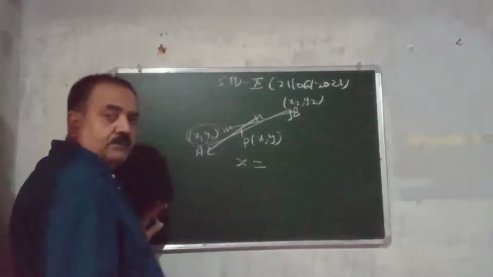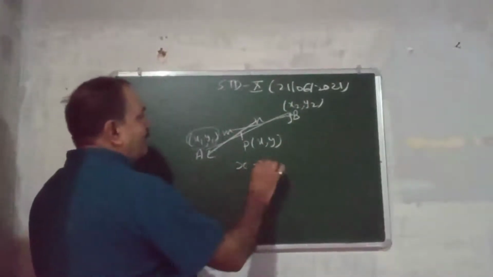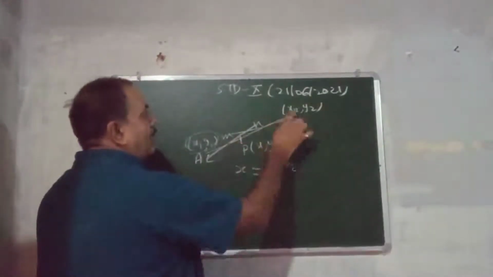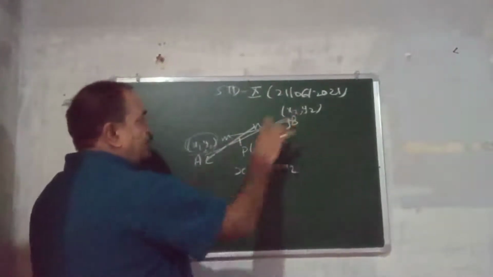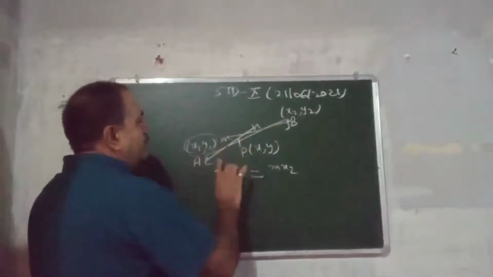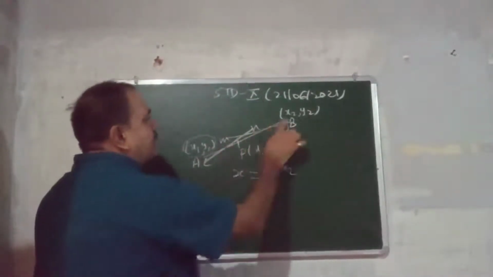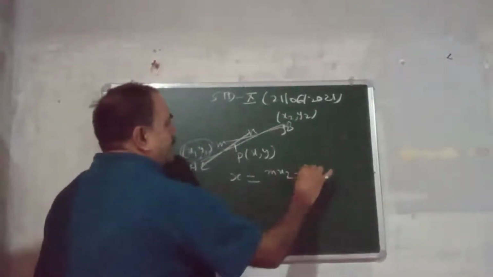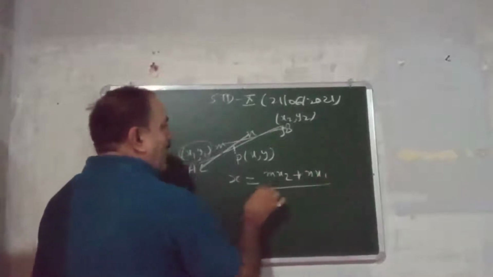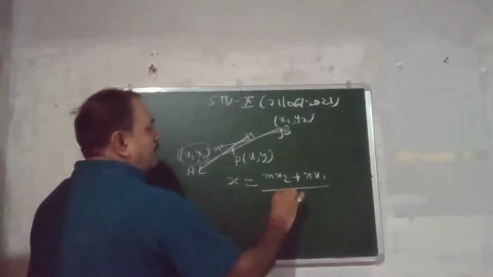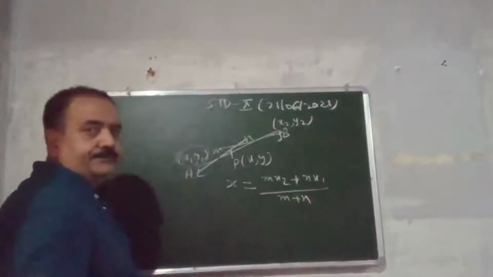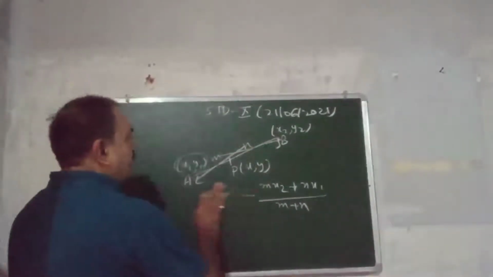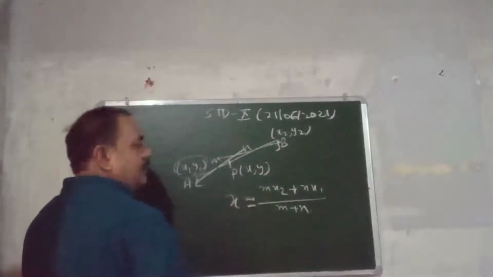So the x coordinate will be (mx2 plus nx1) by the sum of the ratio, m plus n. This will give the x coordinate.